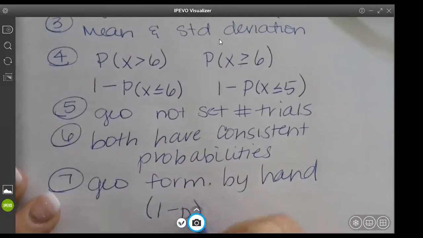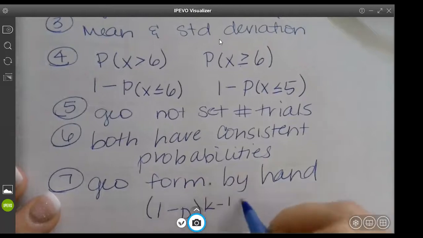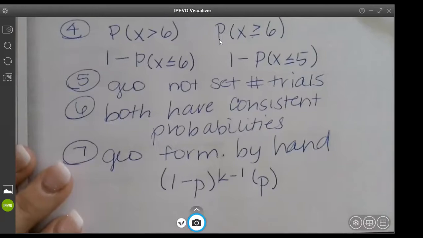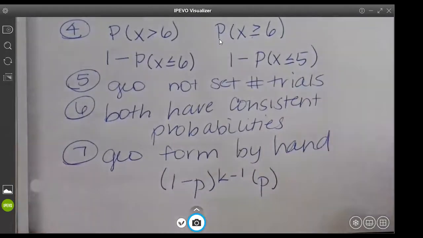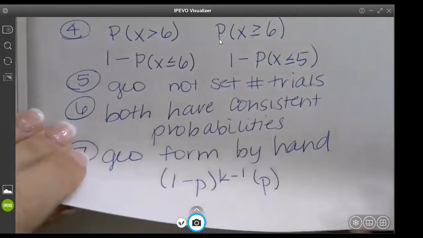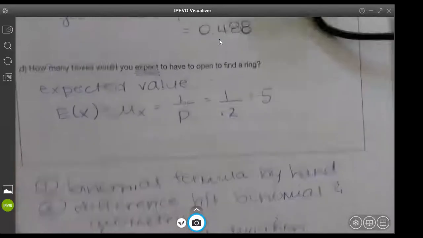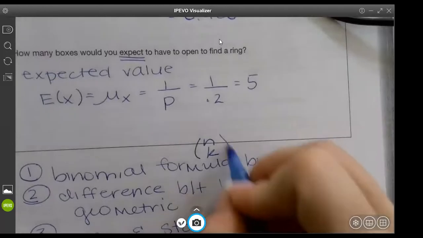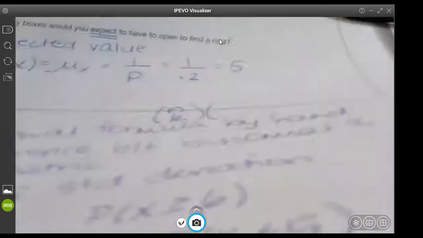So just so y'all know, because I know y'all didn't have it, you have it here: 1 minus P to the K minus 1 times P. So failures to the number of times you're going to fail times the probability of success. The binomial formula, I'm going to go back up and do that real fast. It was N choose K. I want to make sure I get it right.